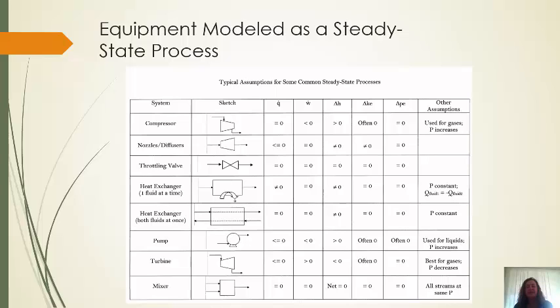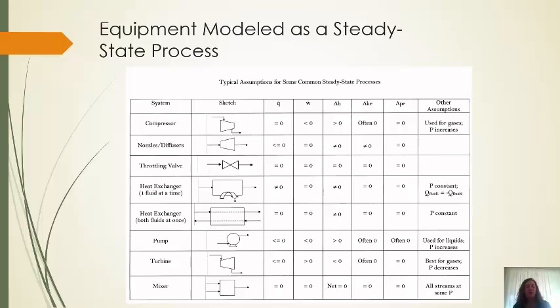A turbine is an important piece of equipment in power plants. A turbine is going to take in a gas at a high energy state and have it rotate some equipment, and that's going to produce some power and deplete the energy of that gas. So as it passes through the turbine, the pressure of this gas is going to decrease.